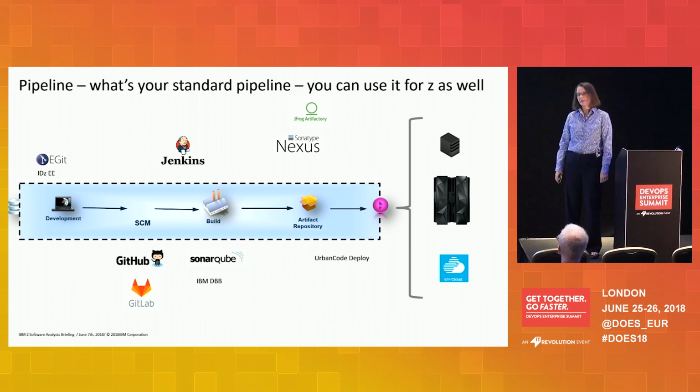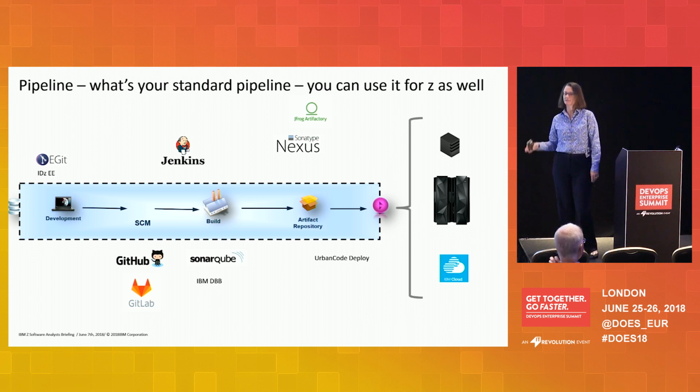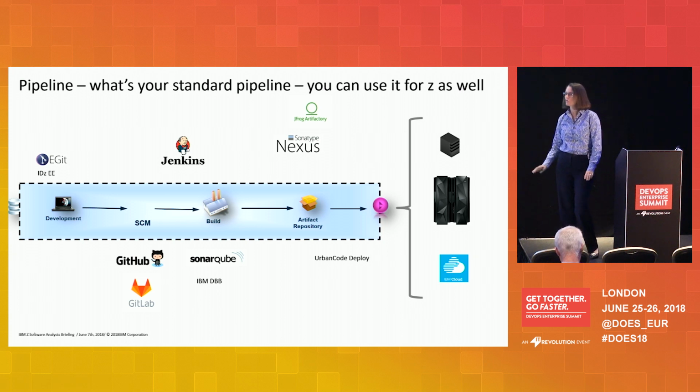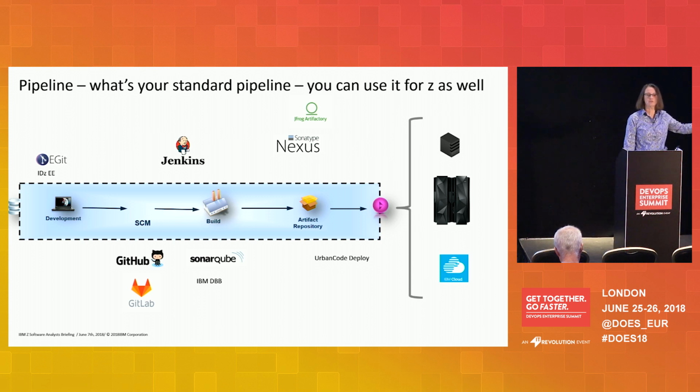In order to solve that problem, we've added a fix, as I call it. Others in development called it an enhancement request, but I call it a fix, to allow you to take your artifacts off z/OS and put them in Artifactory or Nexus, just like the rest of your applications. So if you want to store your z/OS application alongside all of the rest of your applications, you can now.